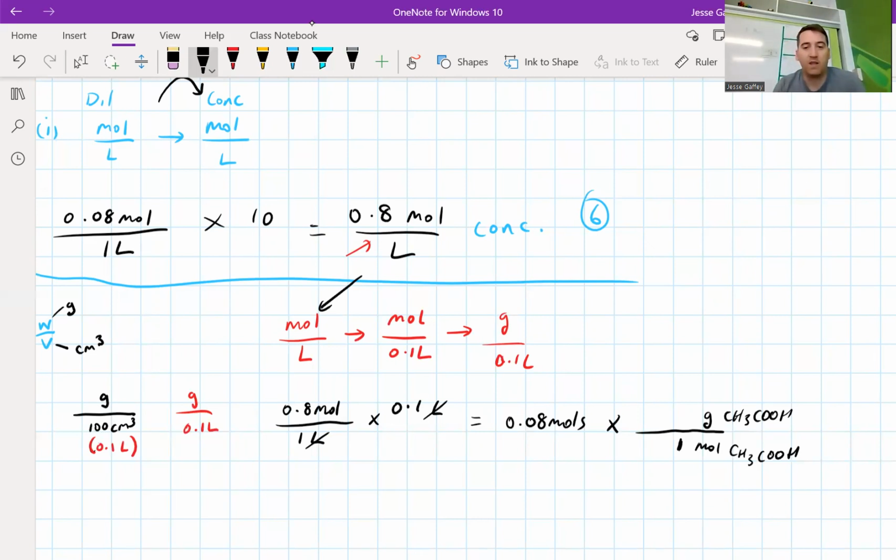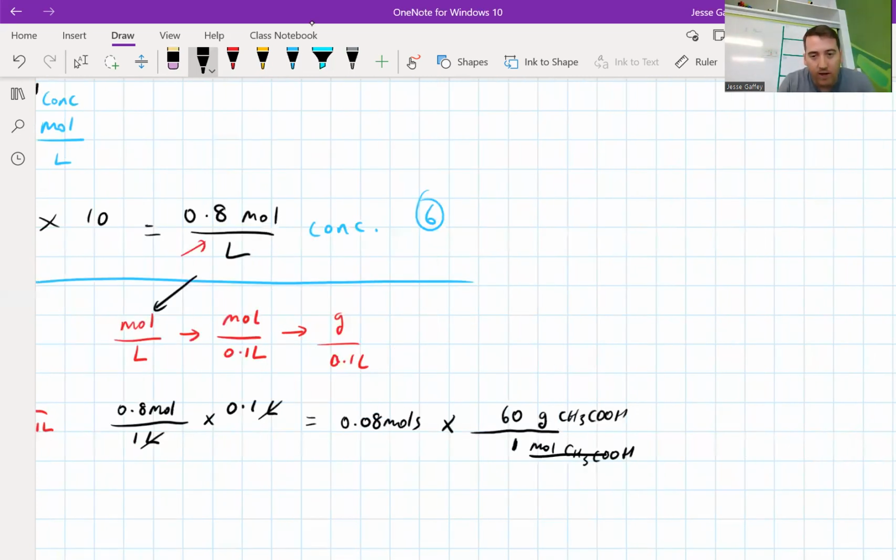All right, so the molar mass for CH3COOH is 60 grams in 1 mole. Now when we convert, we get rid of those moles and we're left with how many grams. So let's mark that out: 0.08 times 60 over 1. I'm getting an answer of 4.8 grams.